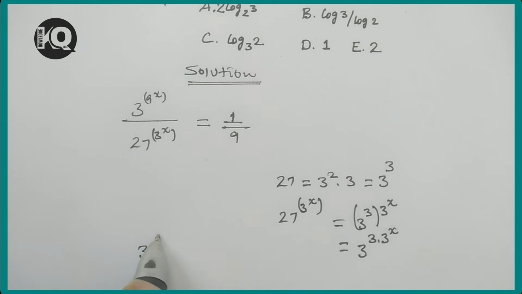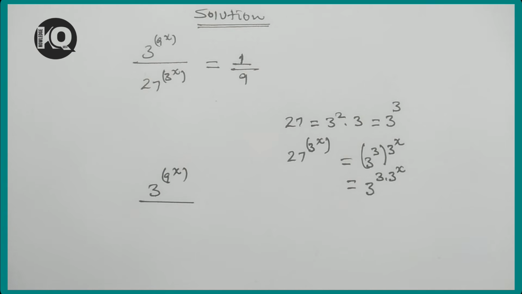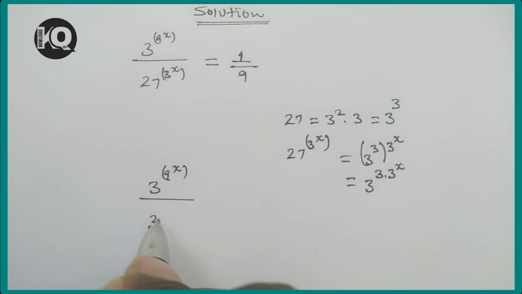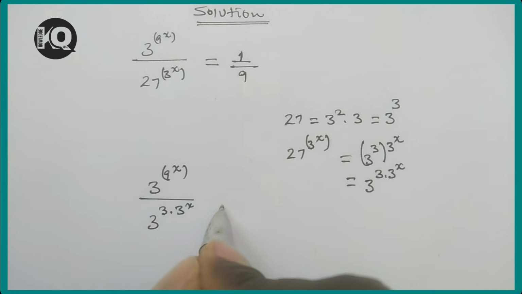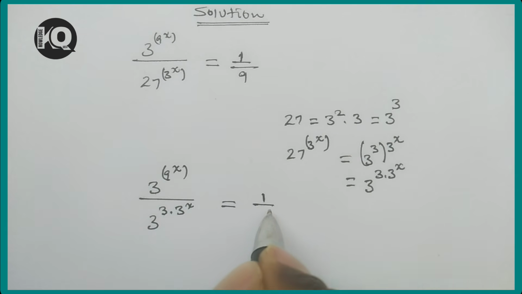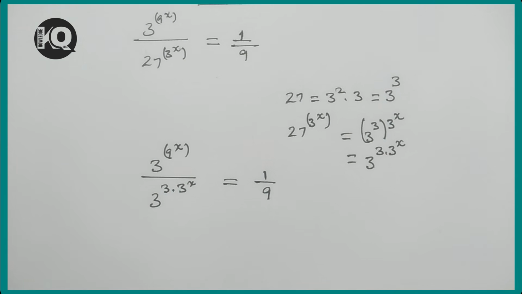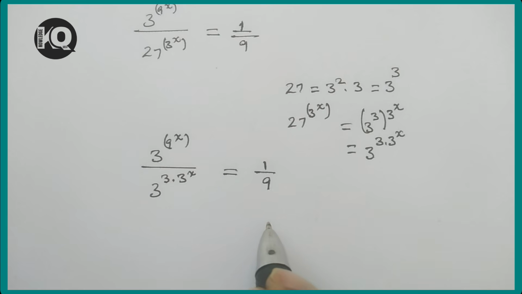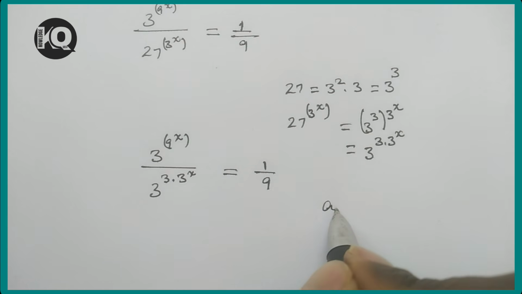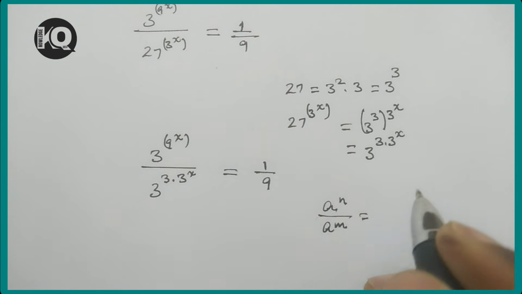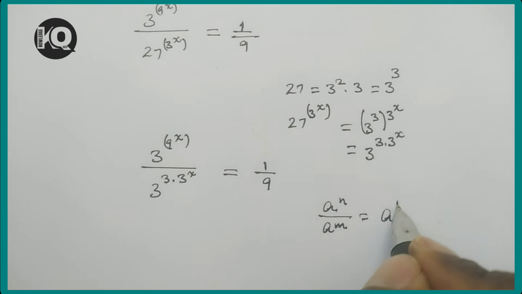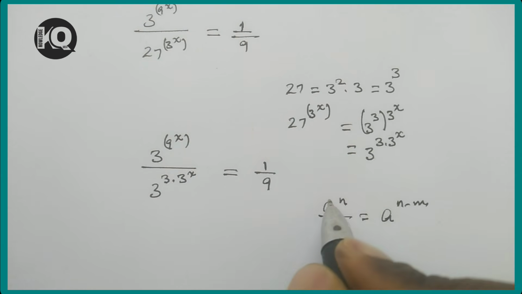3^(9^x) divided by 3^(3 times 3^x), which is equal to 1/9. We know that a^n divided by a^m is equal to a^(n minus m).